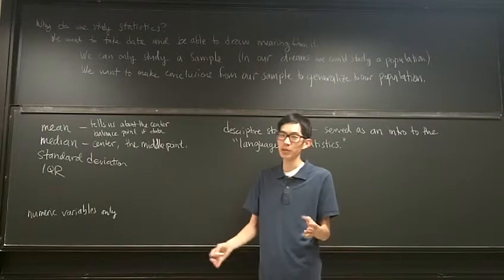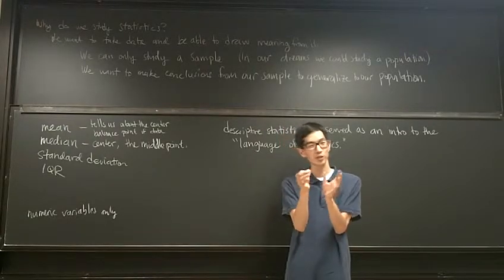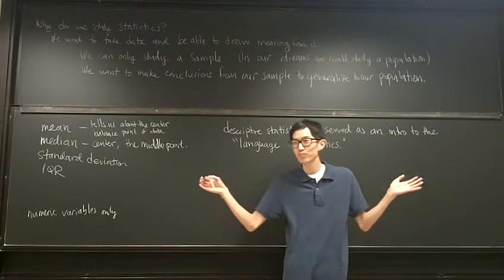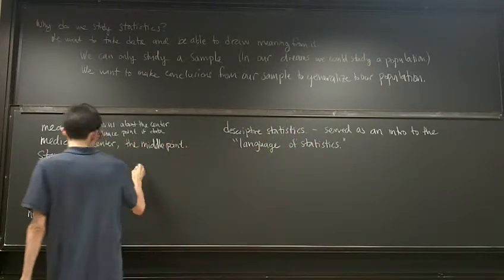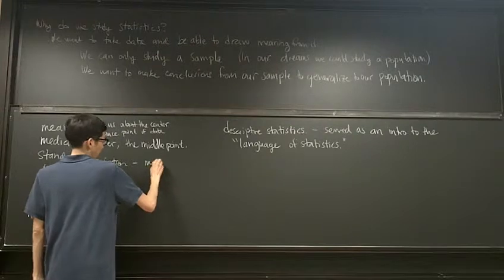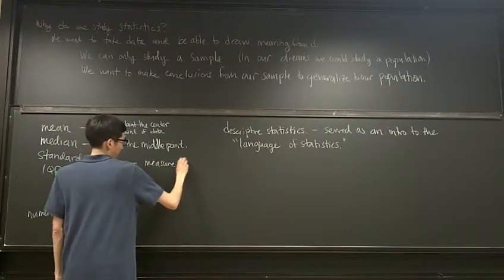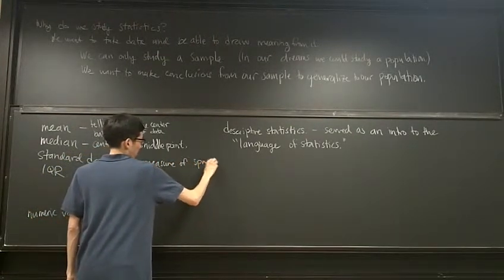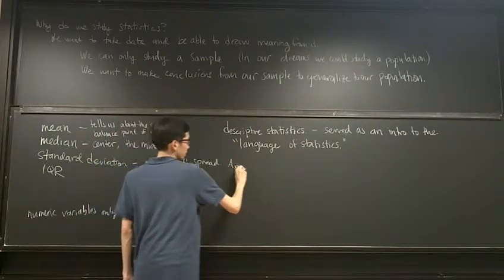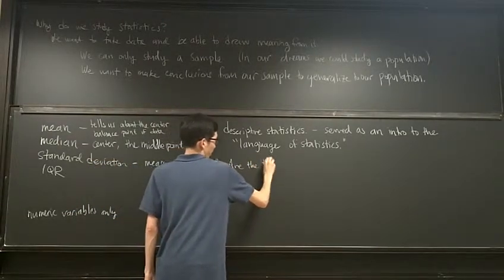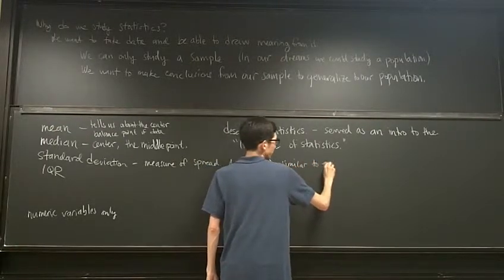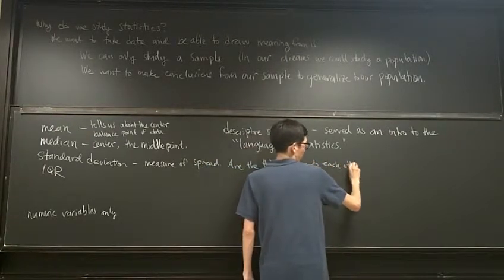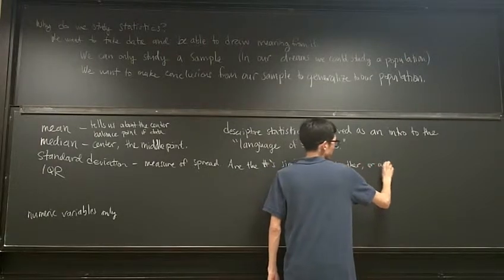They're numeric variables, right? So are all of our numbers similar to each other, or are they pretty different from each other? So these are measures of spread.